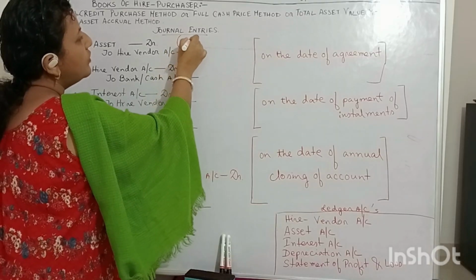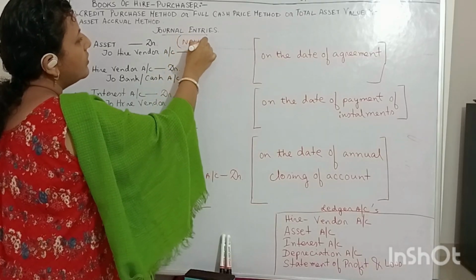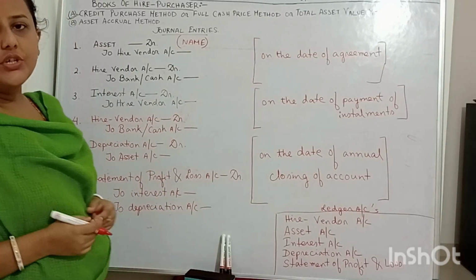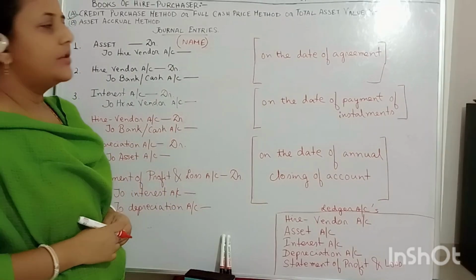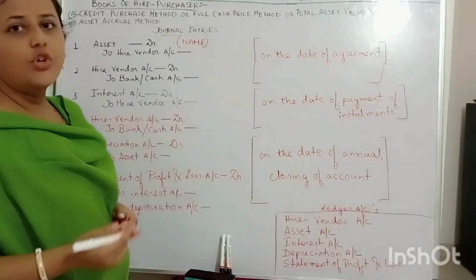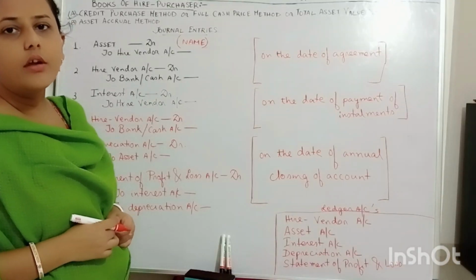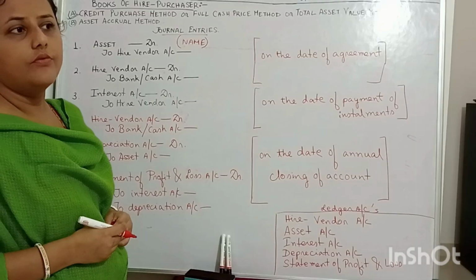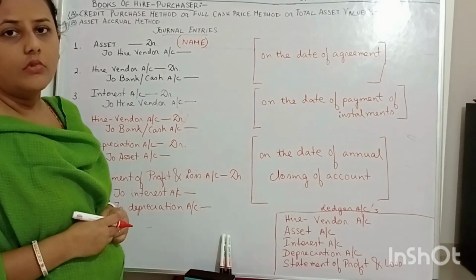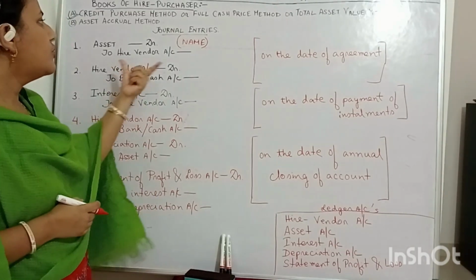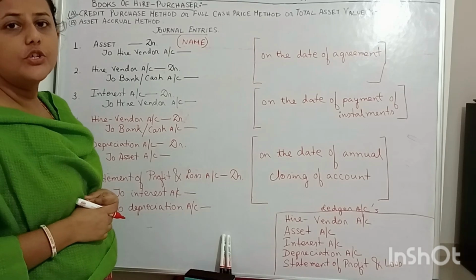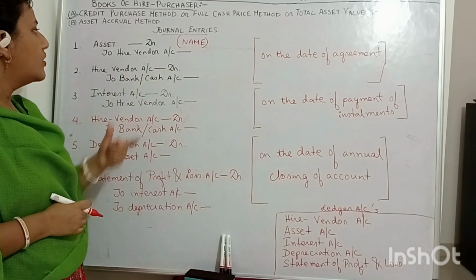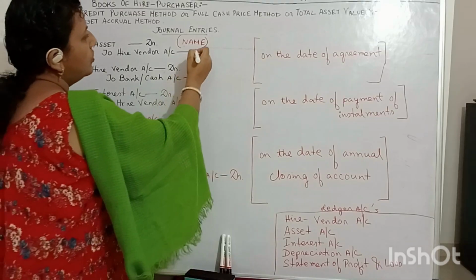Here you have to mention the name of the asset. The asset may be a machinery, it may be a washing machine, or any vehicle. So the name of the asset must be mentioned. Name of the asset is debited to hire vendor account.